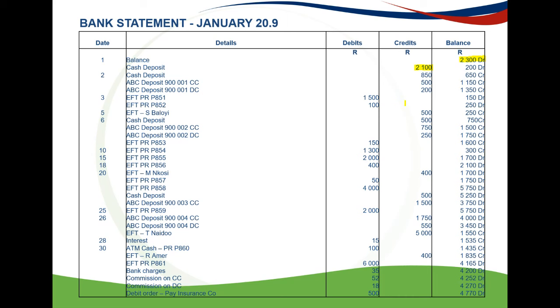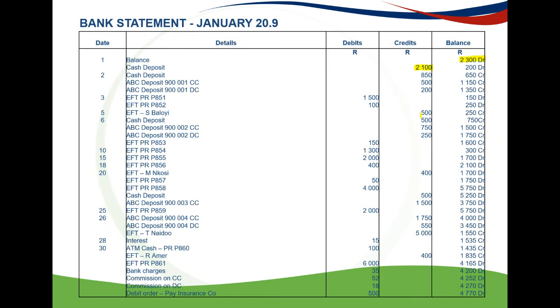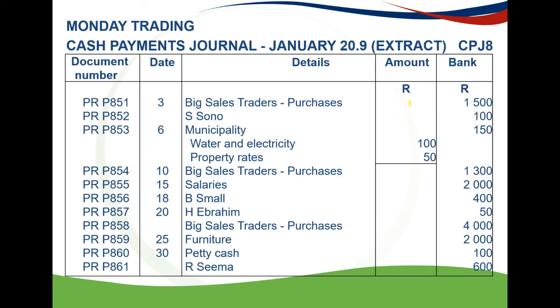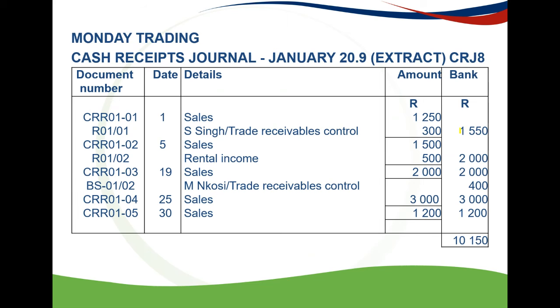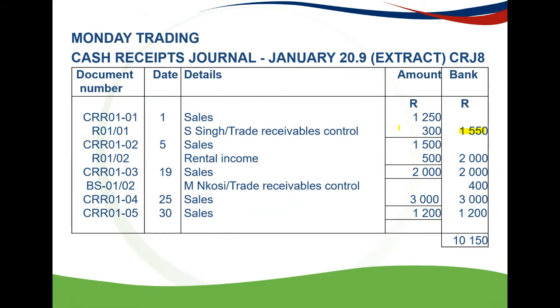And we have our 300. Okay, so our 1,550 of the first, that's going to be basically these three, because it's our 1,250 sales plus the 300, which is the 1,550.